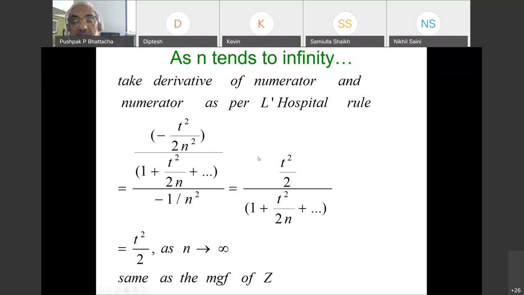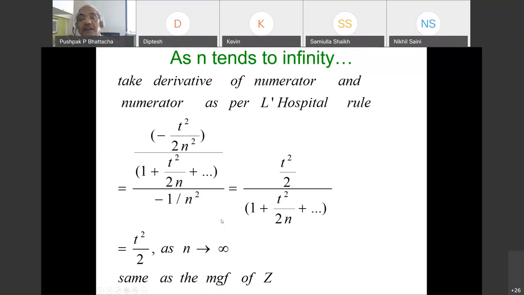Now this is very nice. So minus 1 by n square cancels from both places. Minus also cancels. So I end up with t square by 2 divided by 1 plus t square by 2n, and each of the subsequent terms having n in the denominator. Now as n tends to infinity, the denominator here goes to 1, leaving me t square by 2.